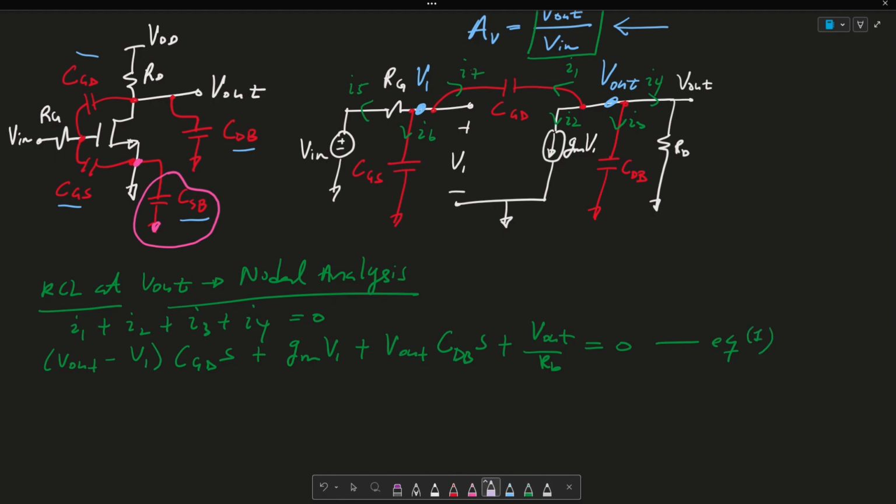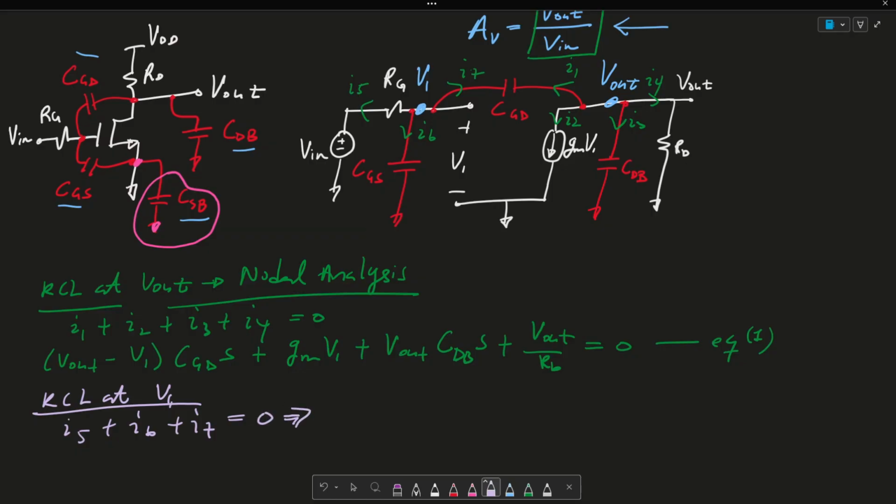Okay, then the next thing I'm going to do is write a KCL at V1. Again, this says that I5 plus I6 plus I7 have to equate to 0.